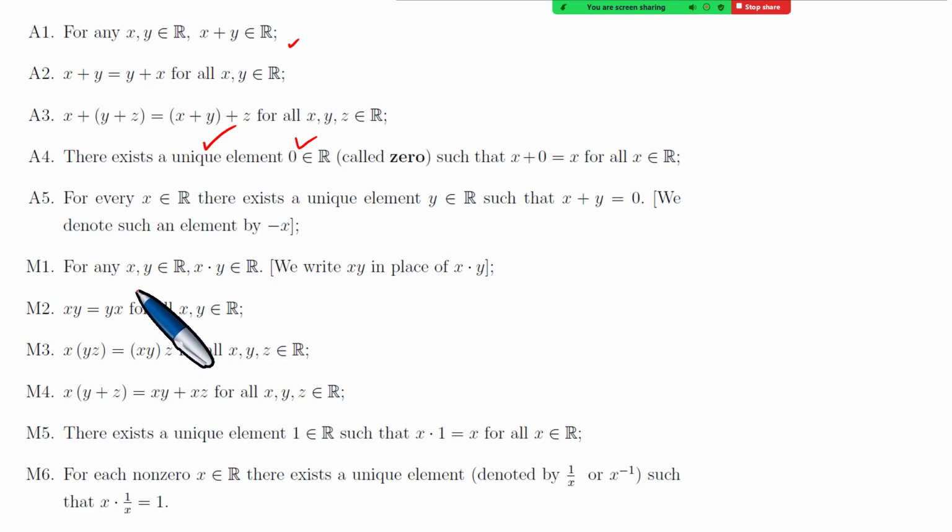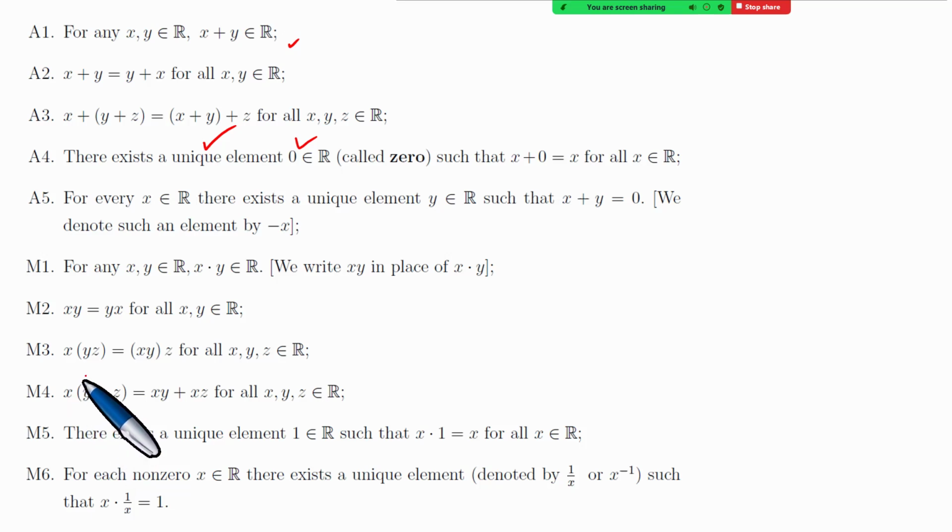This would mean that xy itself is an element of R whenever x and y are in R. This means closure under multiplication, but also commutativity under multiplication, so that xy is yx for all x, y in R. Third multiplication axiom, associativity: you have x times yz in parentheses, which is xy times z for all x, y, z in R. But also there is distribution.